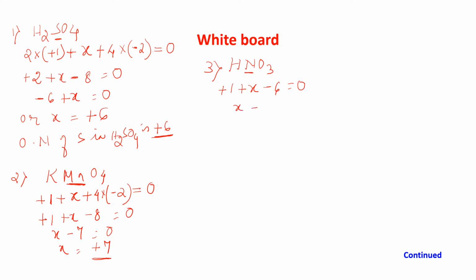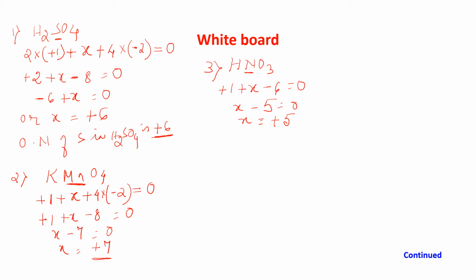Now X minus 5 is equal to 0, so X is equal to +5. So the oxidation number of nitrogen in HNO3 is +5.